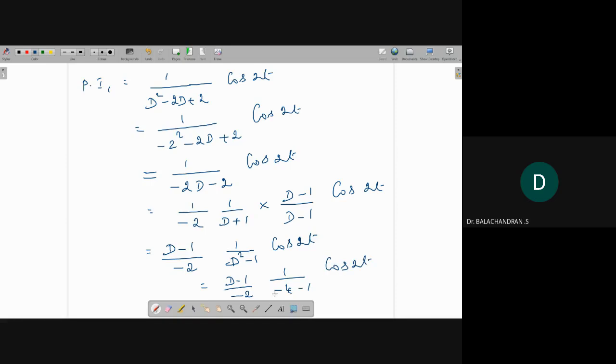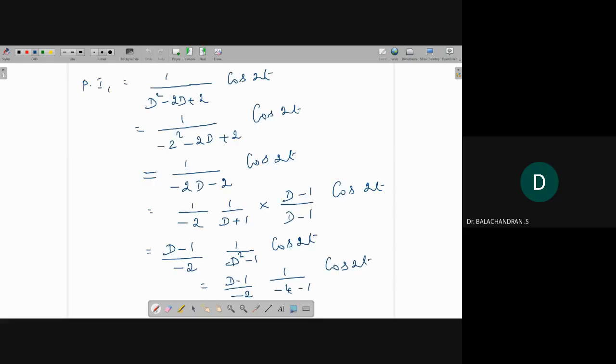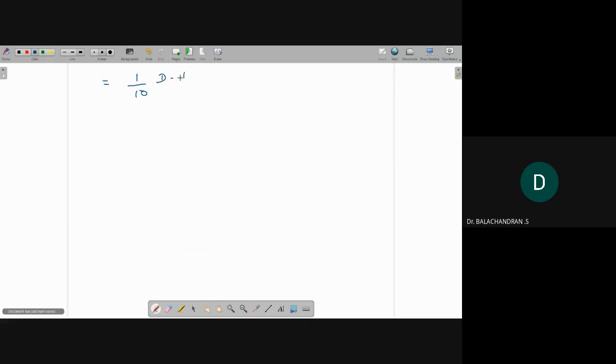So this is 1 by 10 into (D minus 1) into cos 2t, which equals 1 by 10 times: the differentiation of cos 2t is minus 2 sin 2t, minus cos 2t. So this is your PI1.